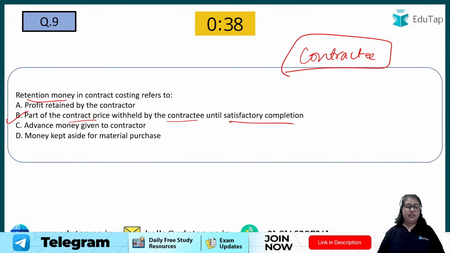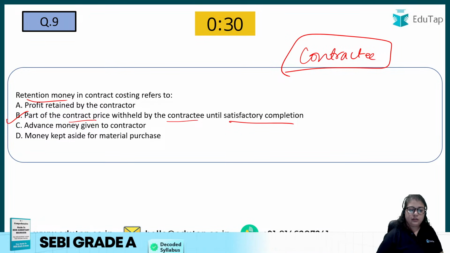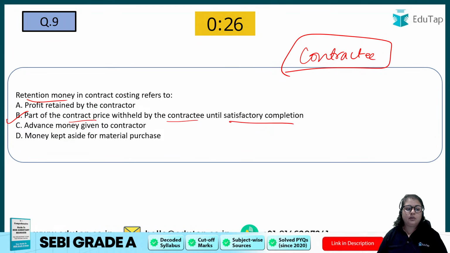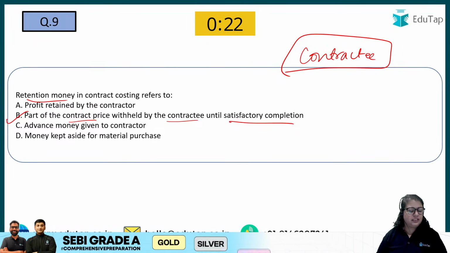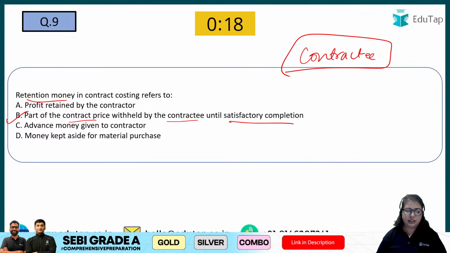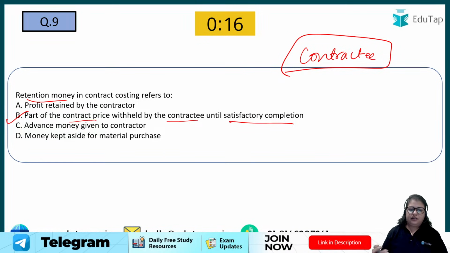Everybody has given the right answer before I explain, so that means your preparation is going very well. Okay, so I hope it is clear what retention money is. Now looking at the other options, there is profit retained by the contractor. There is no relation to retention money here, because if the contractor is retaining profit, that is his own concern.